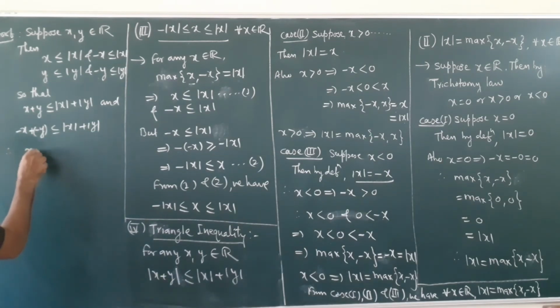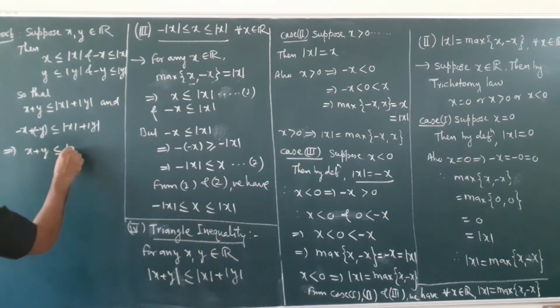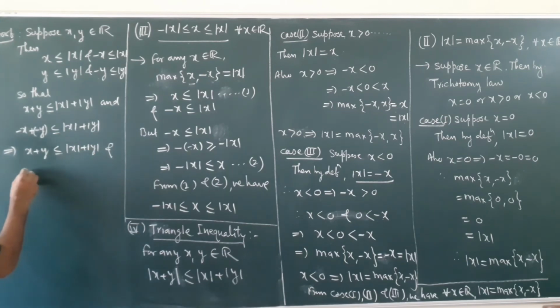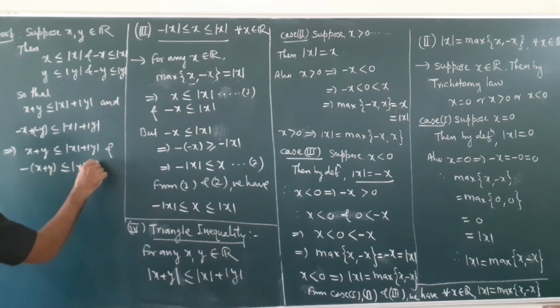Therefore this implies x plus y is less than or equal to mod x plus mod y, and, taking the minus sign common, minus of x plus y is less than or equal to mod x plus mod y.